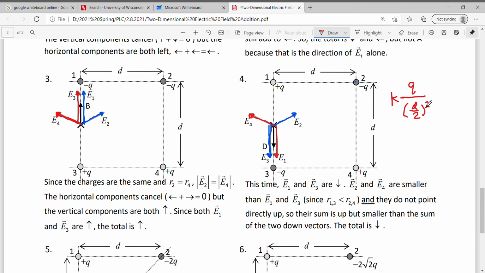We just change this q to minus q. Okay, and E2 is different.